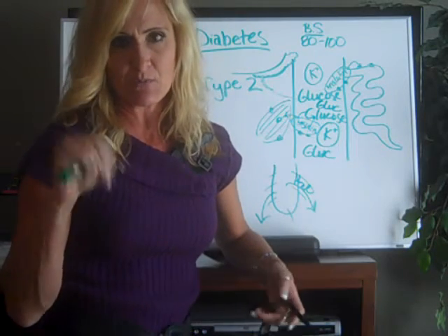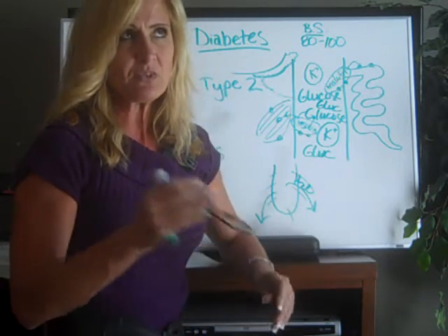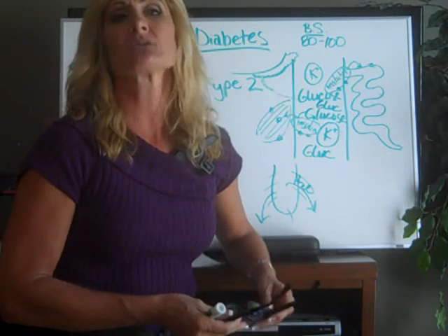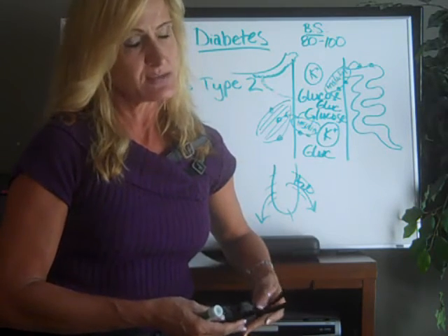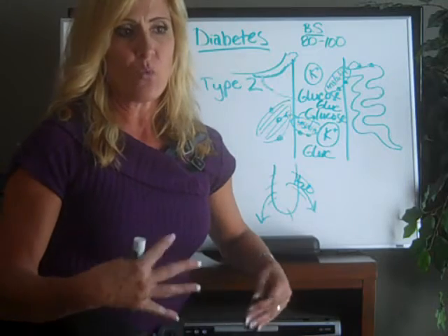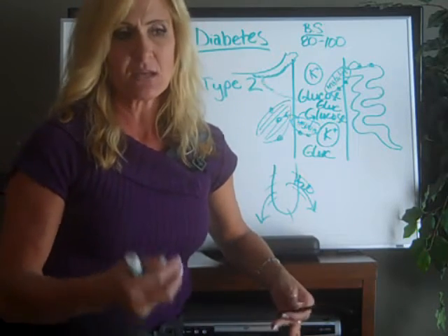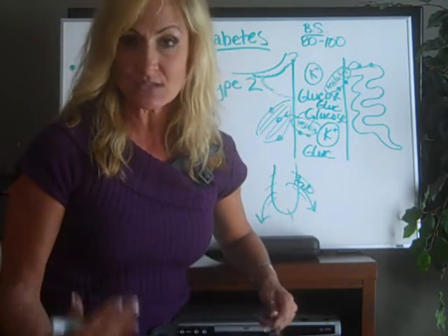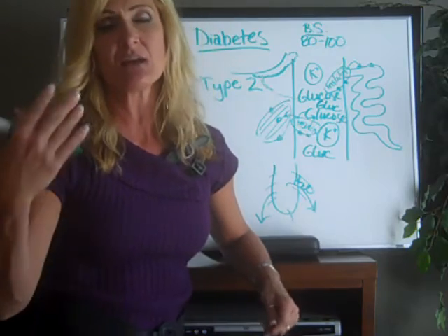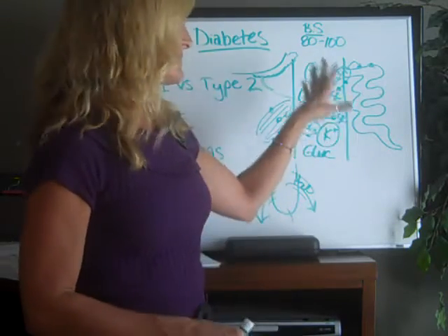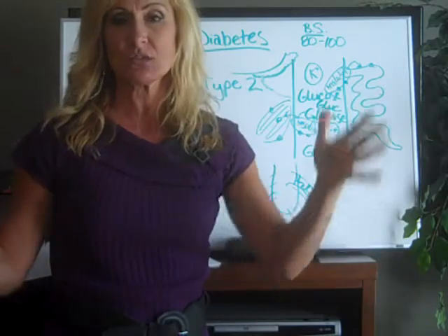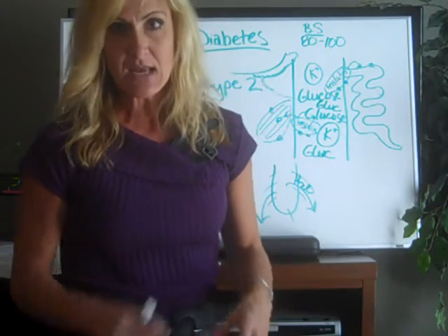You're going to go over this a little bit more when you do your OB rotation, and it's called gestational diabetes. Some women, when they are pregnant, will develop gestational diabetes, meaning that they have higher than normal glucose levels just during the time when they are pregnant.